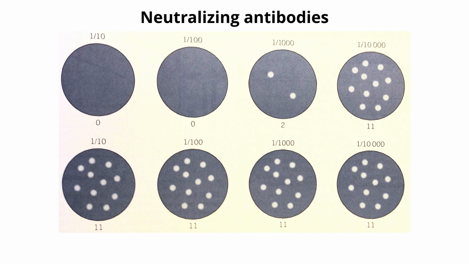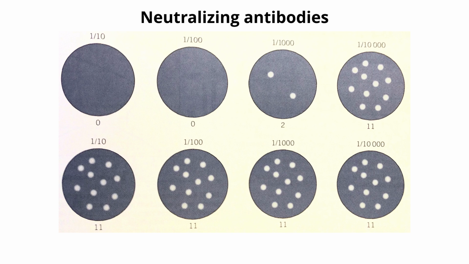So we've got 1 to 10 dilution, which is not very dilute, right? And you can see there are no plaques here. 1 to 100, still no plaques. 1 to 1,000 now, we've diluted out the antibody sufficiently so a few particles escape being bound, and we get 2 plaques. We keep diluting, and you can see at 1 to 10,000, now there's no neutralizing activity.